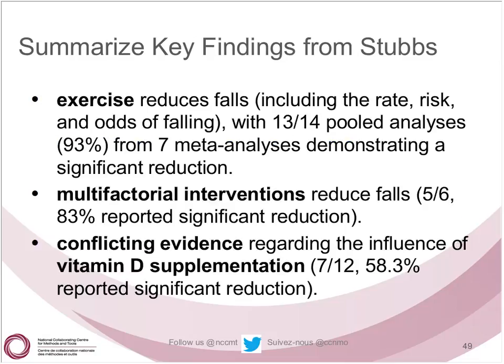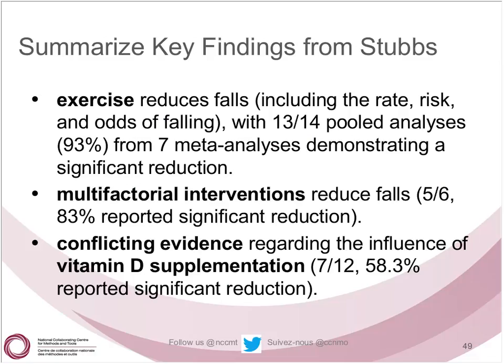In that systematic review that we found in Health Evidence, this might be one of the sources that you're trying to bring together. Here are some key findings from Stubbs, that systematic review.